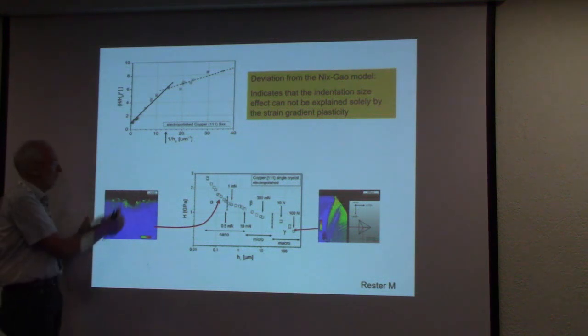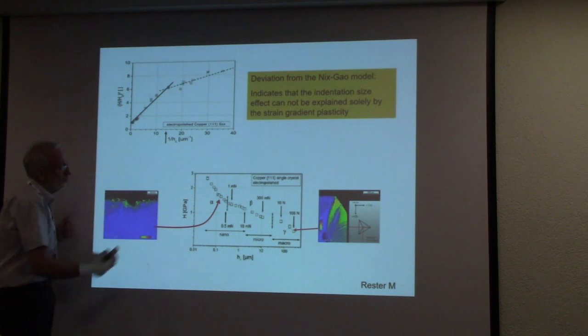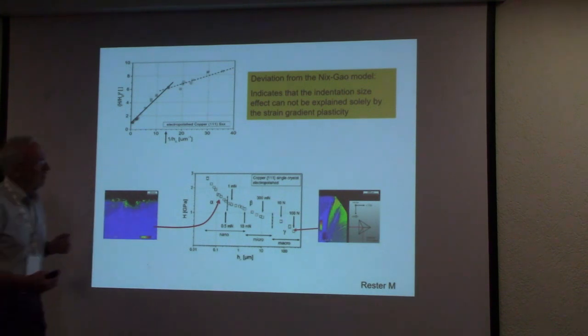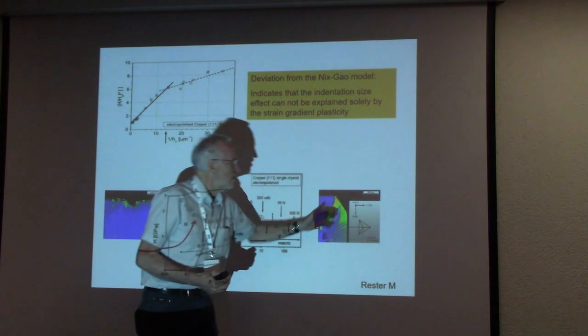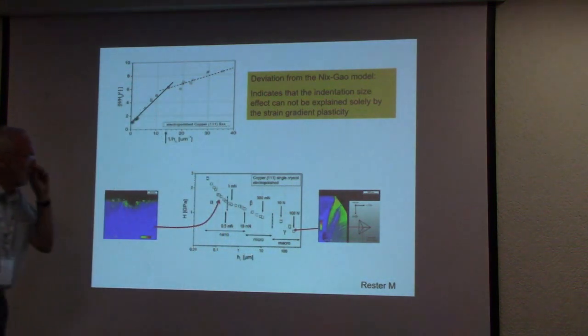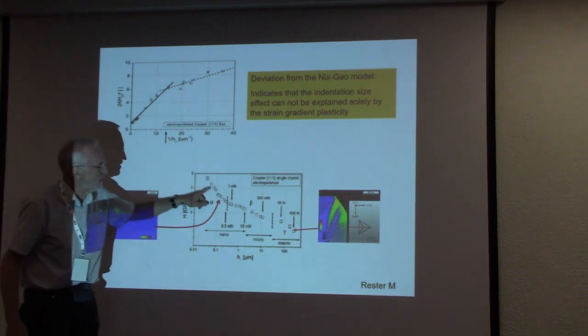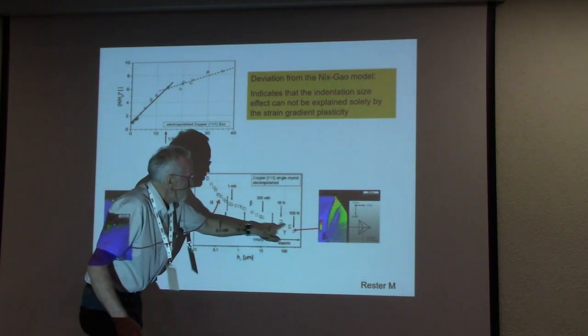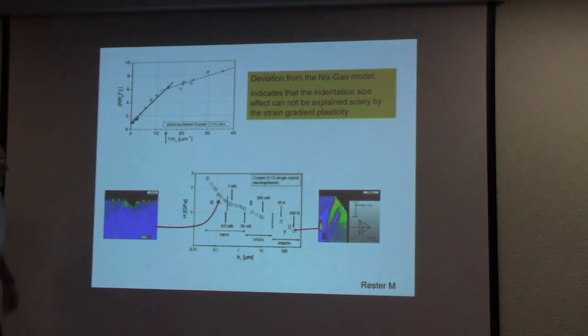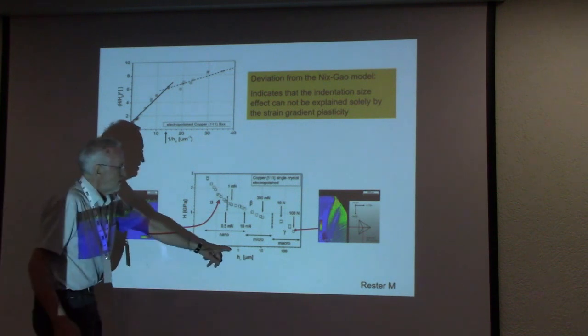In small deformed volumes, the dislocations are more widespread than in the case of large indents. And therefore you have a different gradient or different geometrical arrangement of the dislocations. And this leads to this relatively complex change of the hardness as a function of the indentation size.